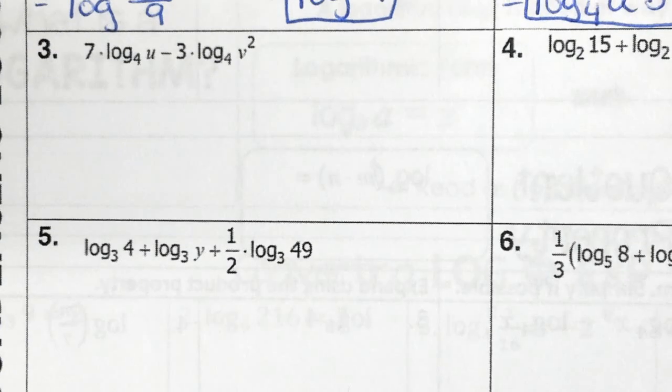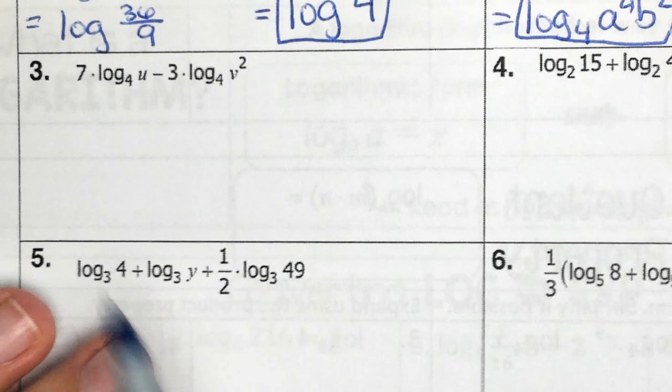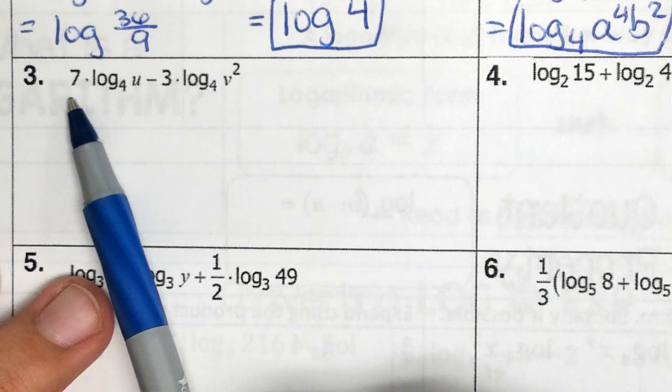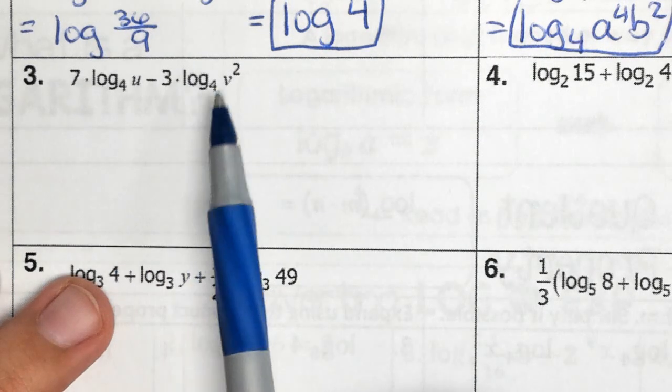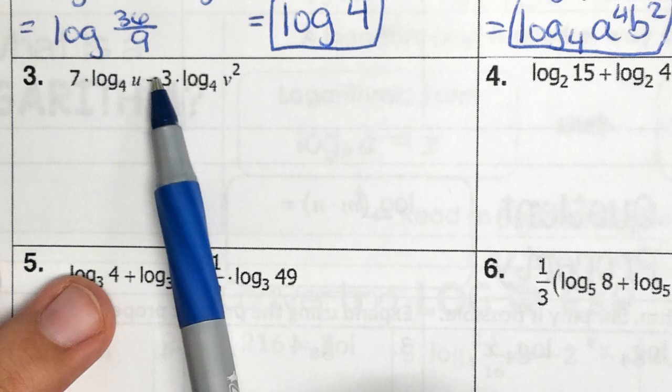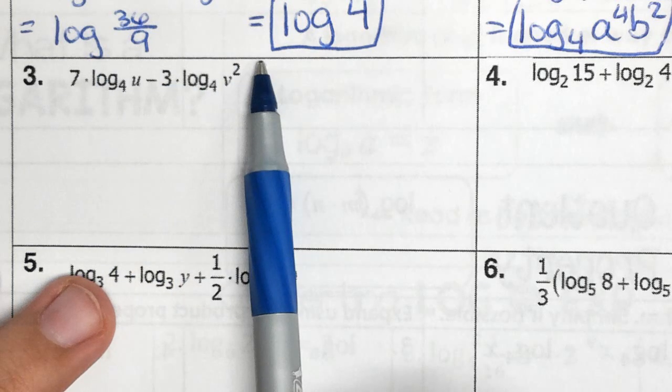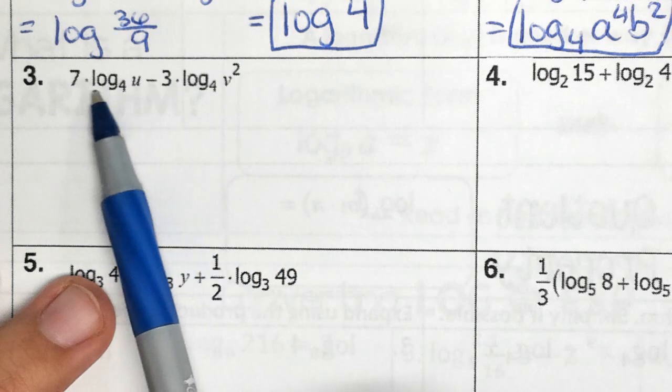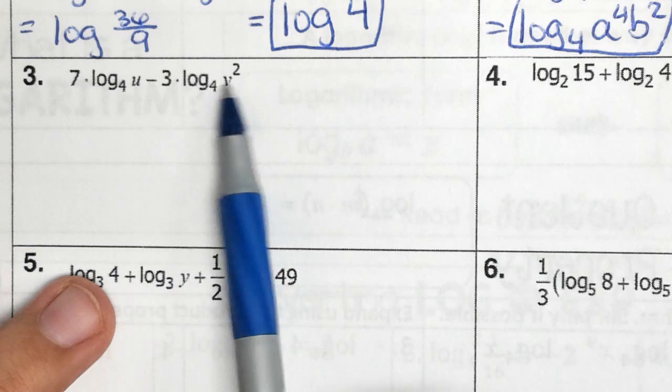Okay, moving on to number 3. So number 3, once again, look and see, are there numbers in front? If there are numbers in front of a log, you have got to move it to the exponent. Move the 3 to the exponent. So the 7 is attached to the first log, and the 3 is attached to the second log.